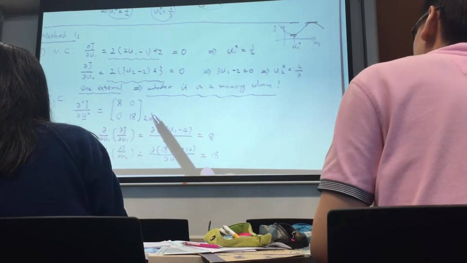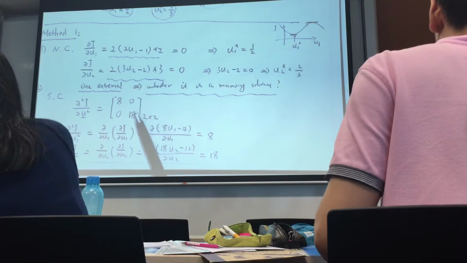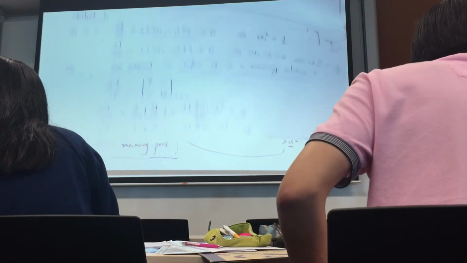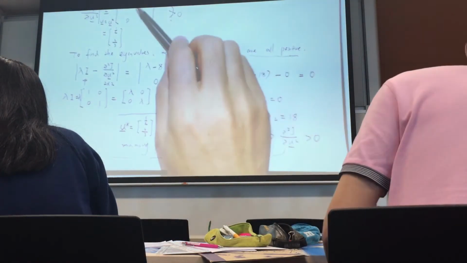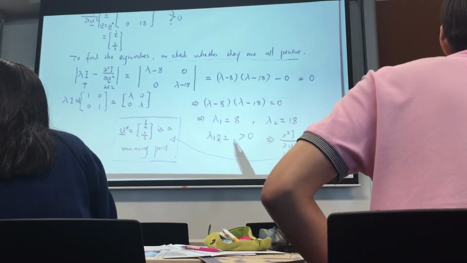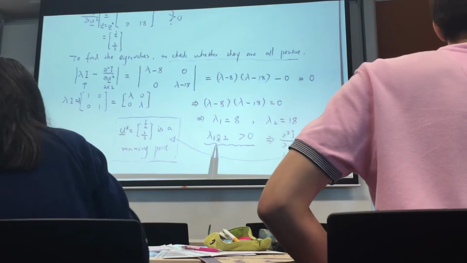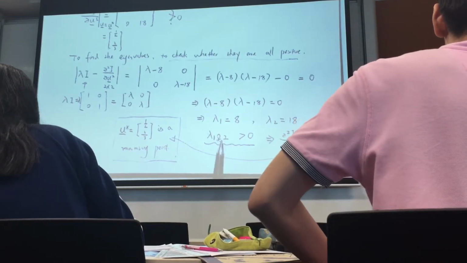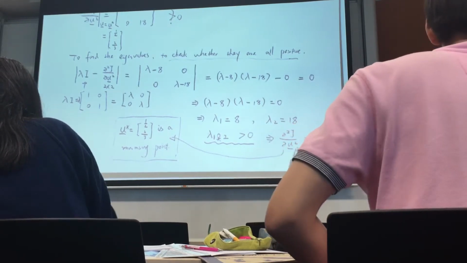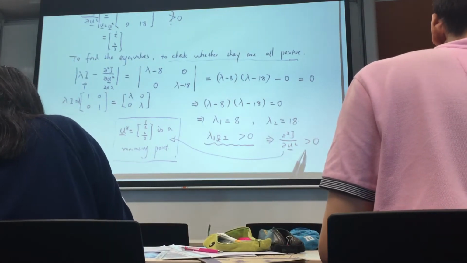Because in two-dimensional space you construct a 2x2 matrix, you evaluate this one by one, construct the matrix, then determine the eigenvalues. Remember that all the eigenvalues must be greater than 0. Even if one eigenvalue is not greater than 0, your matrix is not positive. So all the eigenvalues need to be greater than 0.